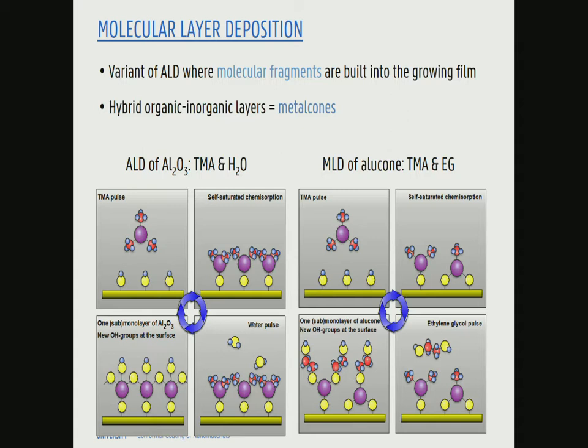So in other words, in this case here, you're not growing a purely inorganic film, you're growing something that's a hybrid material. And for instance, in this case, it's called alucone, for the lack of a better name. But you're basically growing complex hybrid materials as a thin film on a substrate, where you intentionally leave organic material in the case of MLD, while in the case of ALD, you typically aim for removing all of the carbon from your film, and you just want to have an inorganic coating.